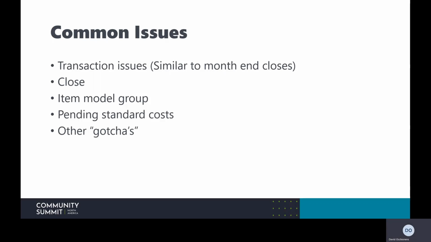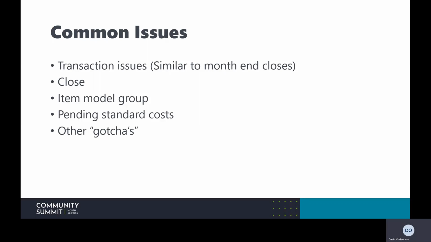And then there are a couple checks that need to be done on the pending standard costs as well. For the item to be ready for conversion, a pending standard cost must be entered for each site, just like your cost roll would be if you're already on standard costing.